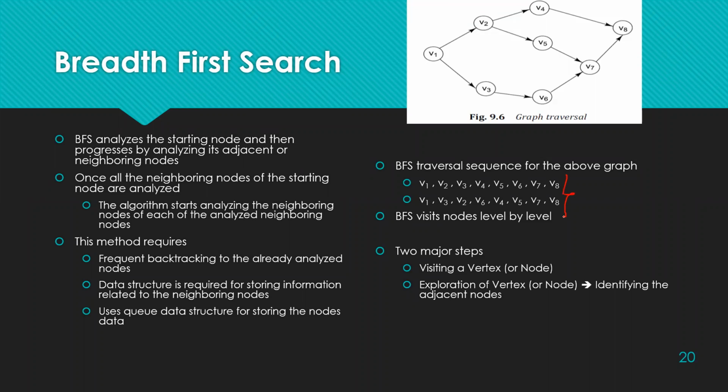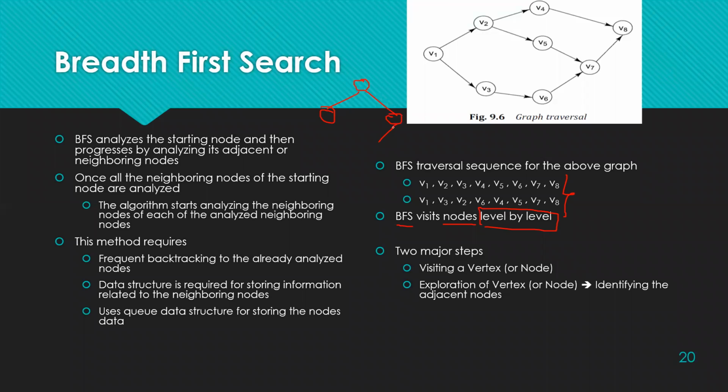So this is how the BFS traversal sequence has to be obtained. Now if you observe, you are visiting nodes level by level. If I represent this as a tree, since we haven't discussed that, in the coming sessions we'll be discussing it. Say if I consider a tree, there will be a root and there can be children associated, that is, a branch associated with this.